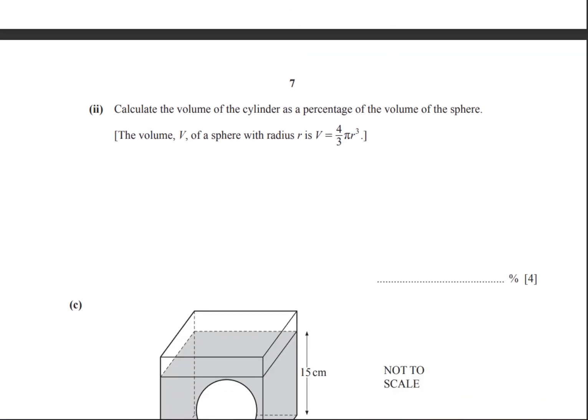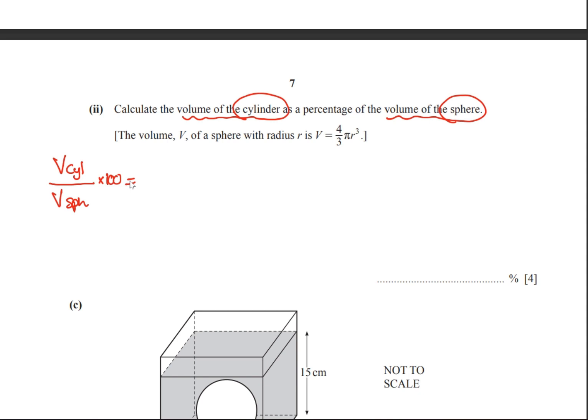Then he's telling you to calculate the volume of the cylinder as a percentage of the volume of the sphere. So volume of the cylinder divided by volume of the sphere and multiply by 100 to make it a percentage easily. So what is the rule of volume of the cylinder?